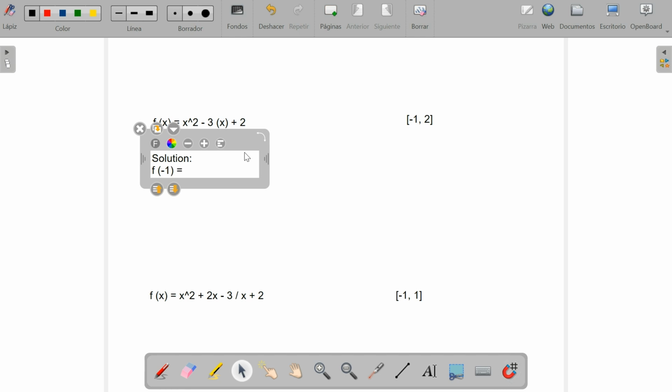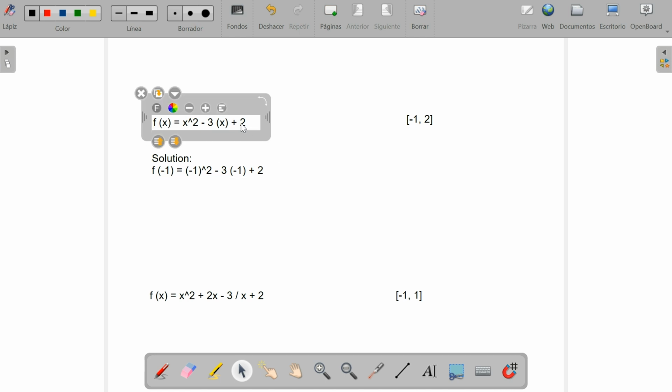Then f(-1) is equal to (-1) to the power of 2, minus 3 times (-1), plus 2.